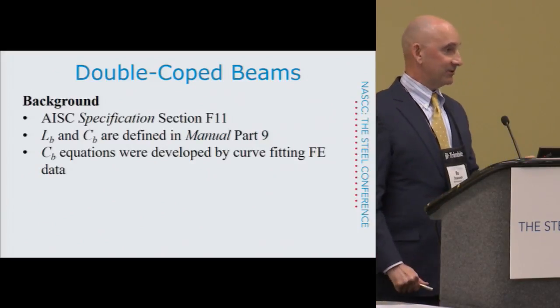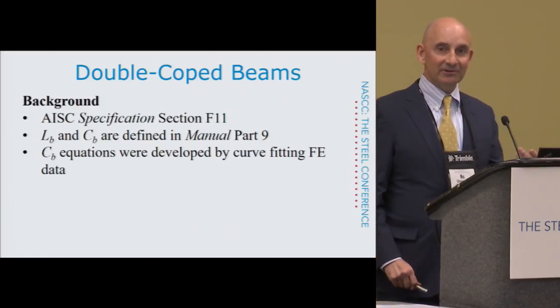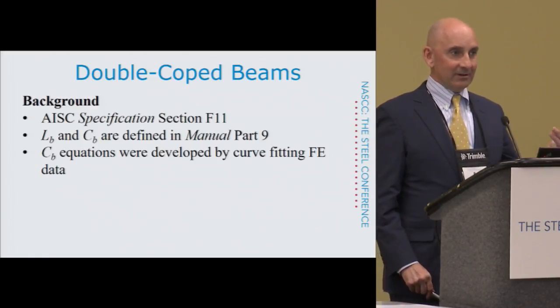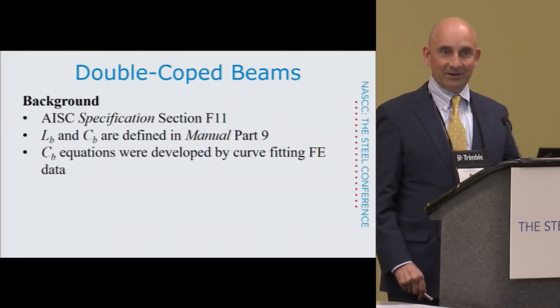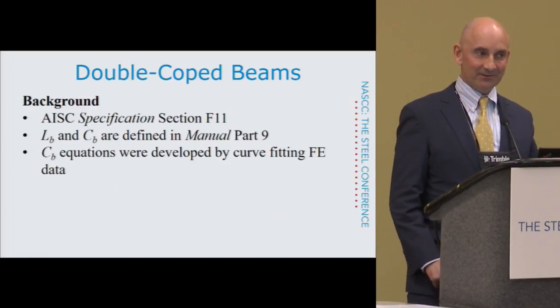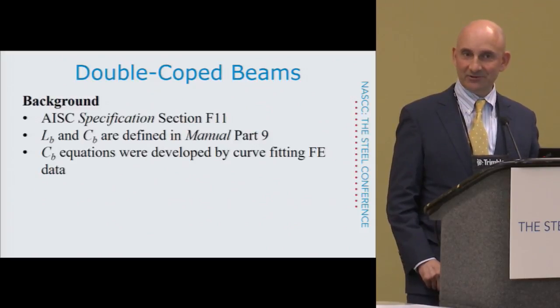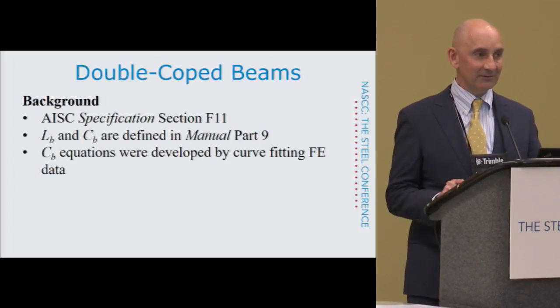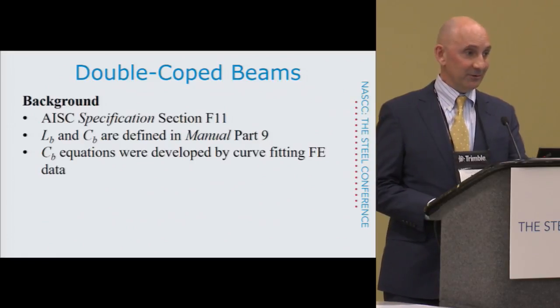So we have something built into the specification that allows us to calculate the buckling strength of a rectangular beam and account for the inelastic effects, the geometric imperfections, and all those things that we don't really have to worry about in this research.